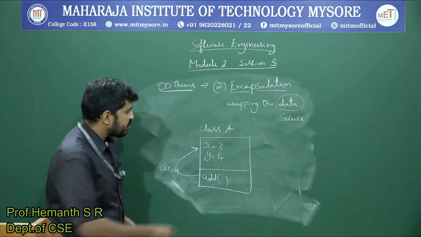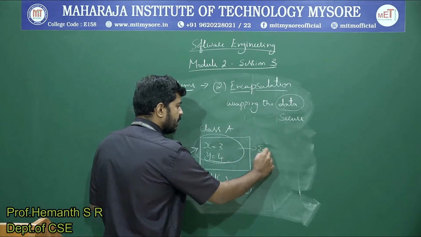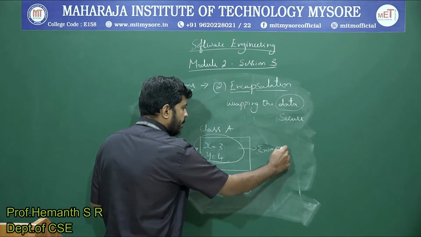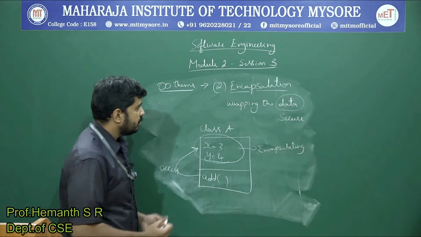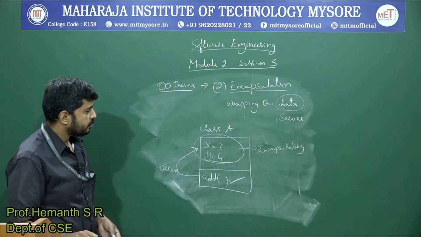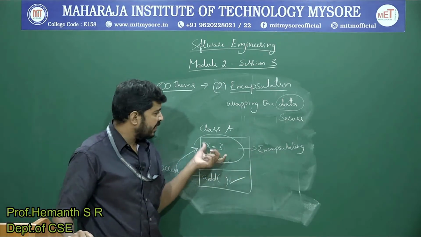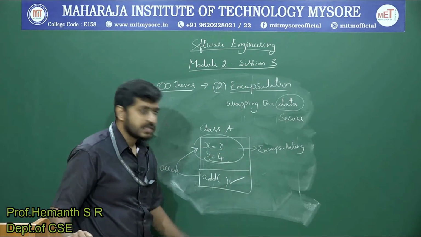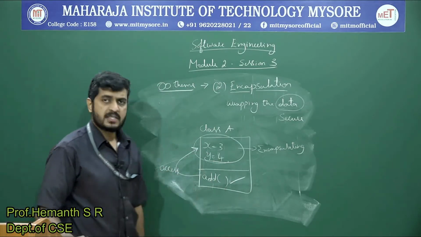But if you are encapsulating this, now how can I ensure this function can access this data? Encapsulation is basically hiding. You are hiding the data here from the functions. Now if you do this, how exactly can a function access this data?